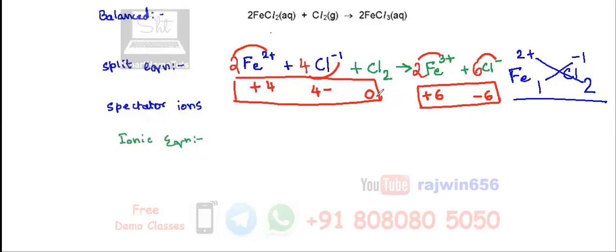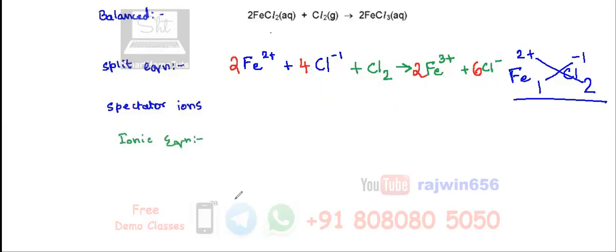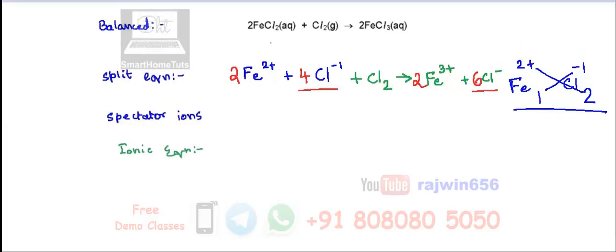Now we are going to look into these spectator ions or common ions which we can cancel out. 2 Fe2 plus is there, here 2 Fe3 plus is there. These are different kinds of ions, so these are not going to be the spectator ions. Here we have 4 chloride and here we have 6 chloride. This 4 Cl minus I can write as 4x, this 6 Cl minus as 6x, and this 6x I can write as 4x plus 2x.